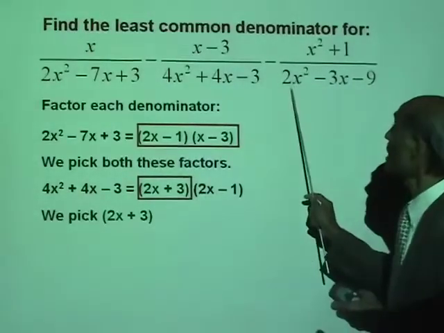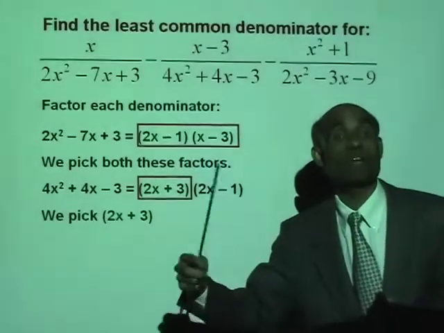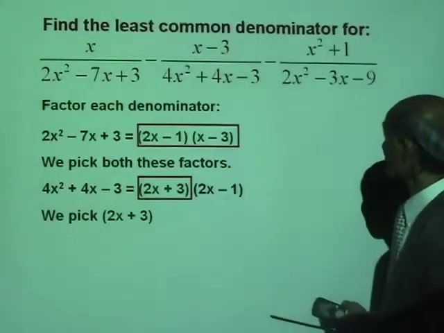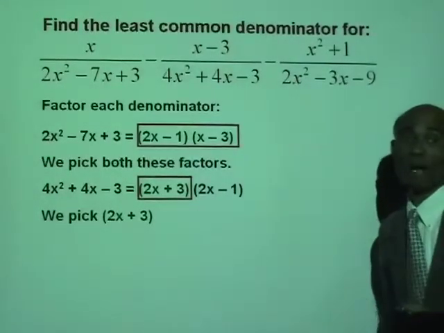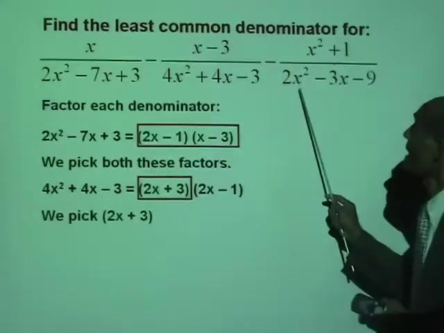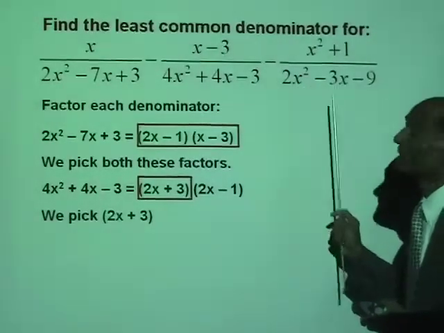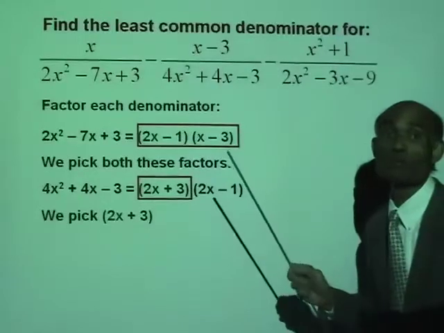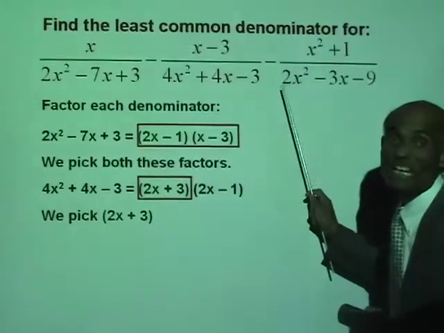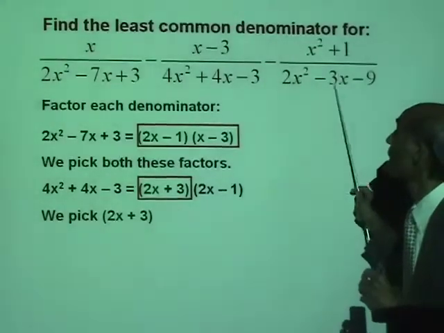Alright, let's now go and factor the third denominator and see if we need to pick anything from there. Can you factor that for me? 2x squared minus 3x minus 9. Alright, let me see if you can factor it. You want me to give you a clue? Alright, the clue is 3 times 2 is 6. 6 minus 3 is 3.